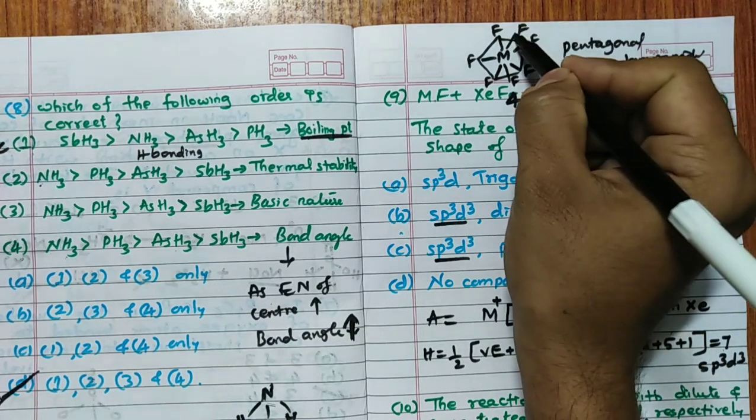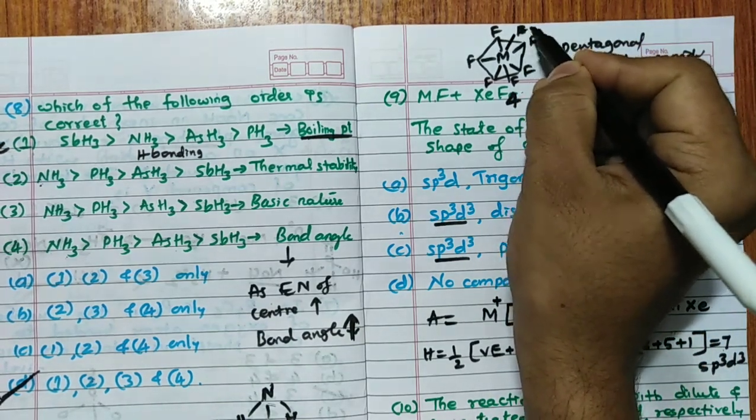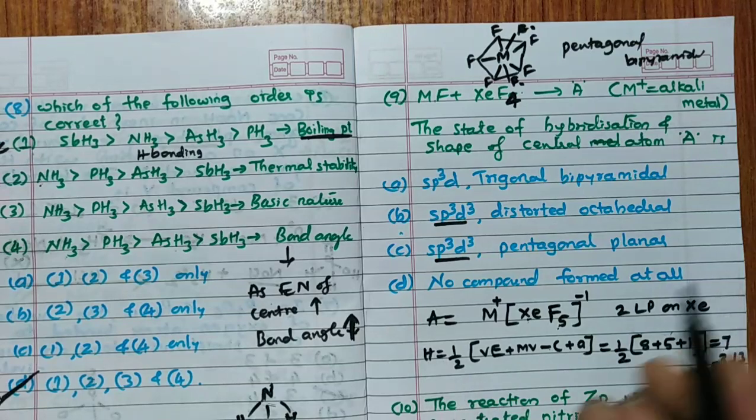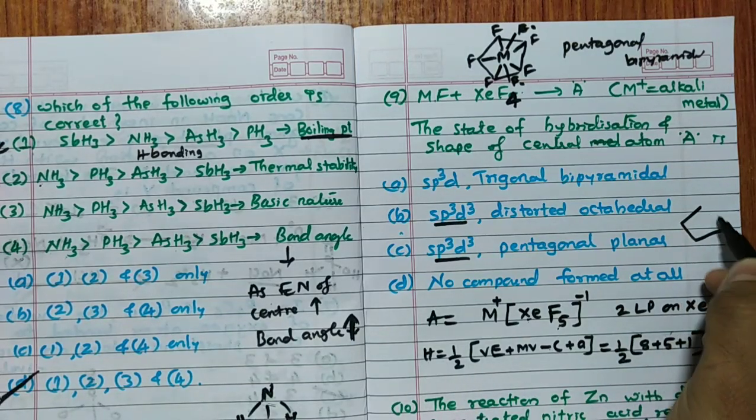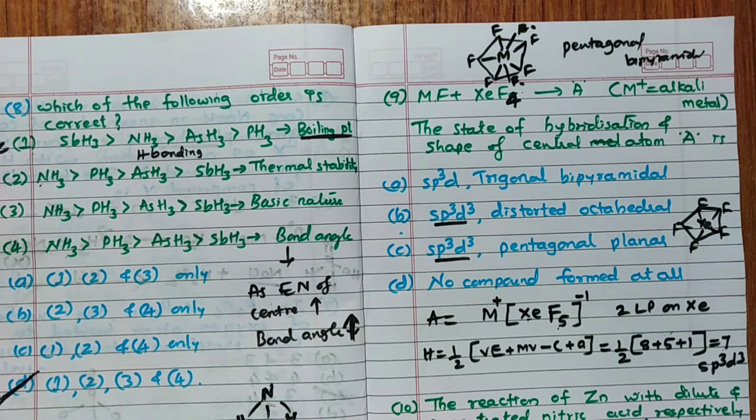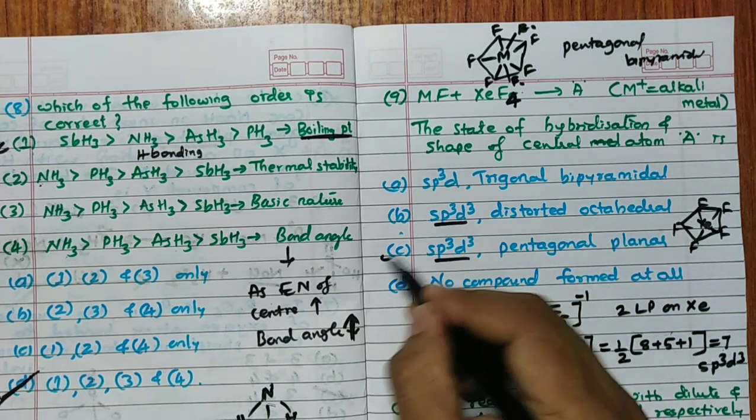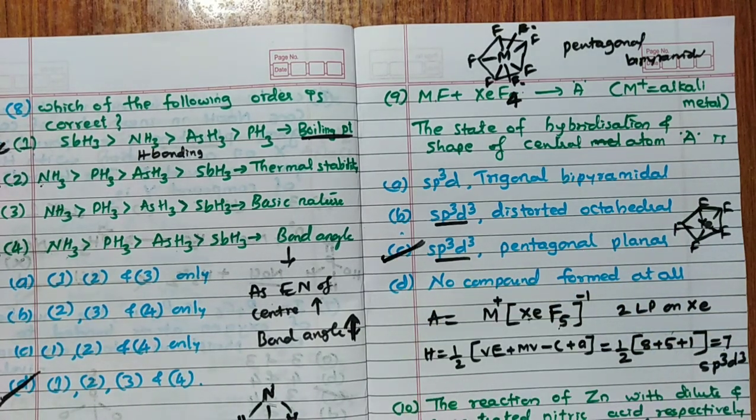Hence I will keep 1 lone pair here and 1 lone pair here. Then the remaining is only a pentagonal structure like this. Remember? Xe here, F here, F here, F here, F here and F here. So pentagonal structure like this. Hence pentagonal planar structure is the answer for this. So sp3d3, pentagonal planar structure.